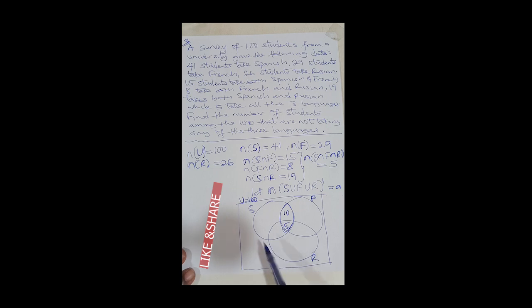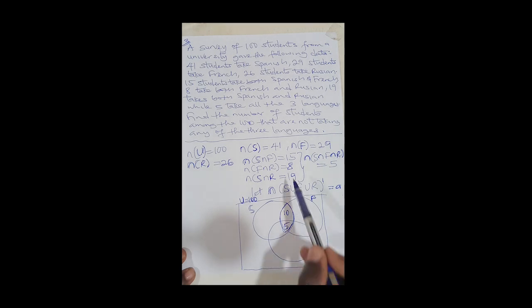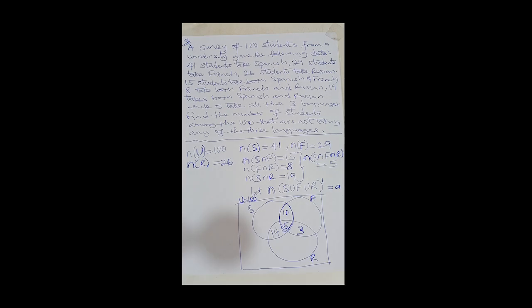Then let's come back to Spanish and Russian. Spanish and Russian is 19, and we have 5 among those that take all the 3 subjects. So that will be 19 minus 5, and this place will be 14. We also have this place, F and R, which is 8 minus 5. This will be 3. So that's what we have now.